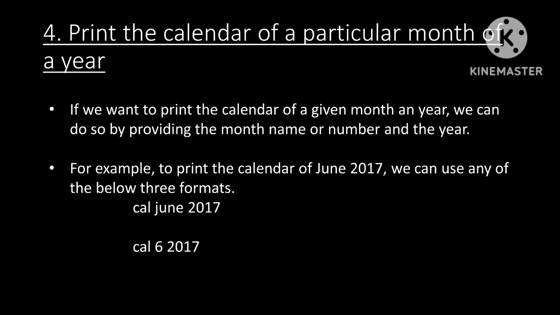Similarly, if you want to print a month of a particular year, not the current year but another year and another month, then you have to provide the month as well as the year. Month you can provide both in alphabet as well as in number.